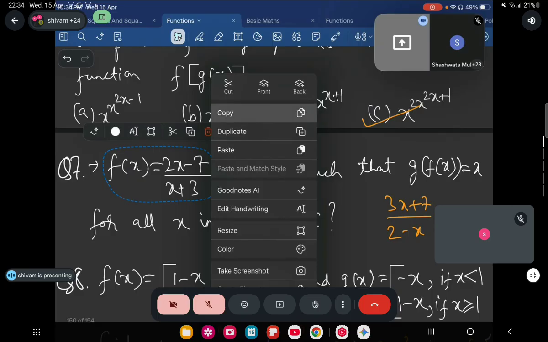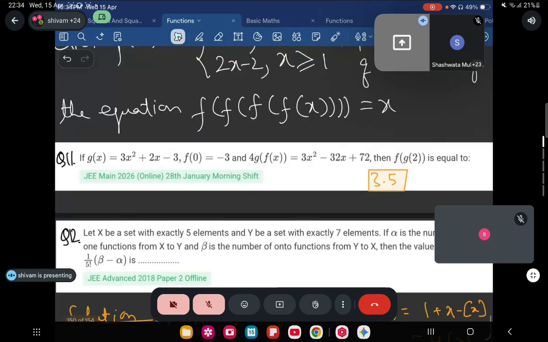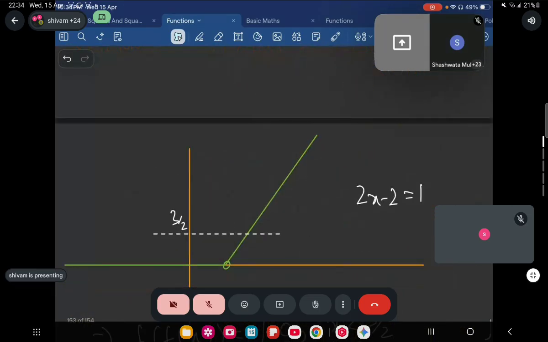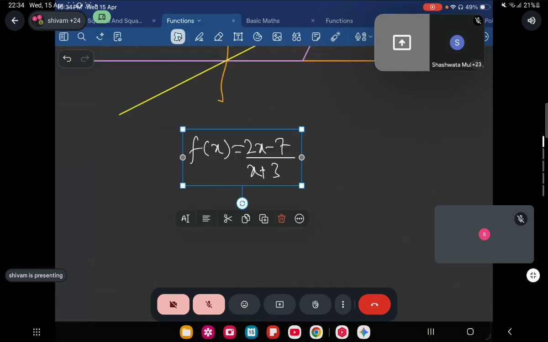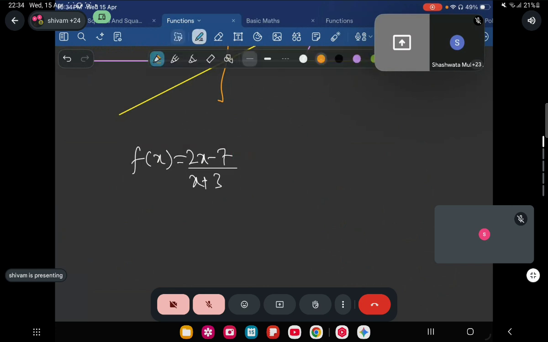F of x is equal to 2x minus 7 upon x plus 3. And it is given that g of f of x is equal to x.